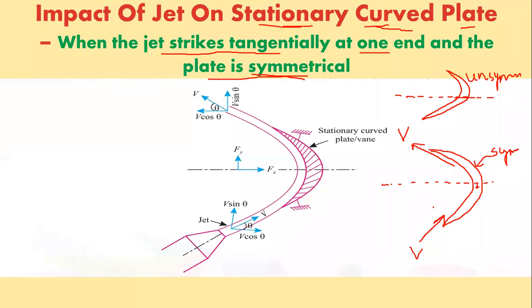Entry velocity is v, exit velocity is also v. Now this velocity v is not in a horizontal direction, it is striking in an inclined position.